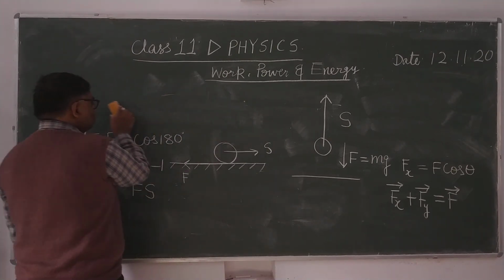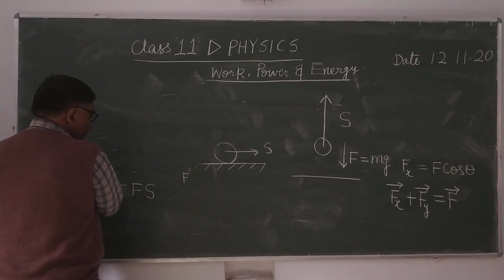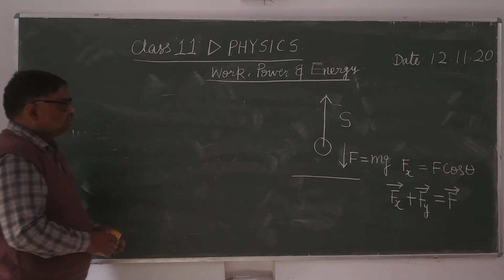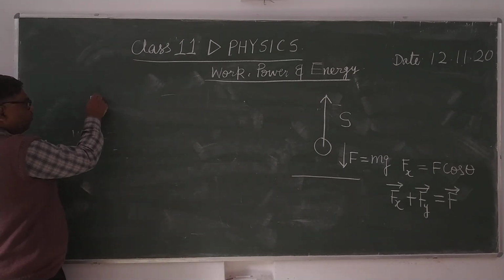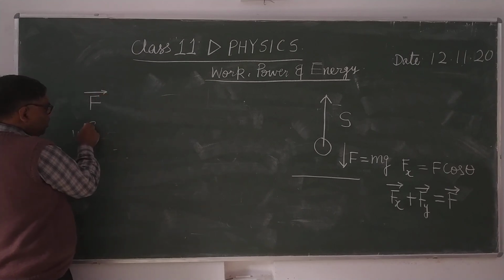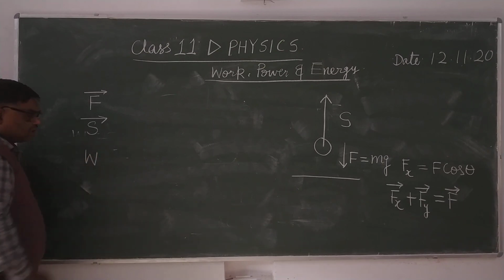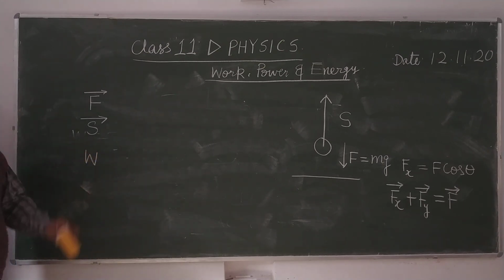Now, as you know, force and displacement are both vector quantities. Force is a vector quantity, displacement is also a vector quantity. But what is work? Work is a scalar quantity. It requires only magnitude to define it completely; there is no need of direction.